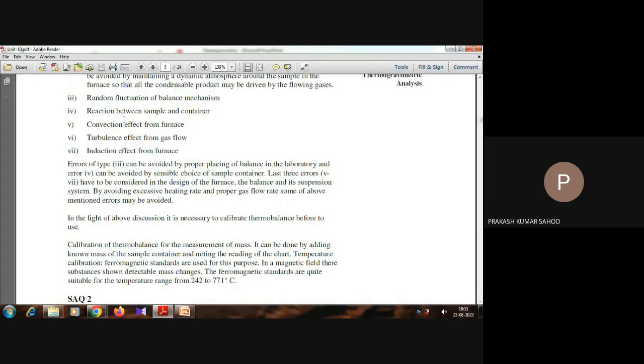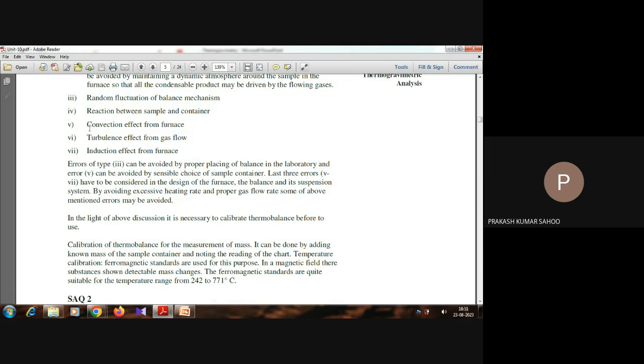The third error, random fluctuation of balance mechanism, can be avoided by proper placing of the balance in the lab, so there will be no fluctuation if the balance is placed at a proper place. That means it should have a strong base which may not be tilted to either side.